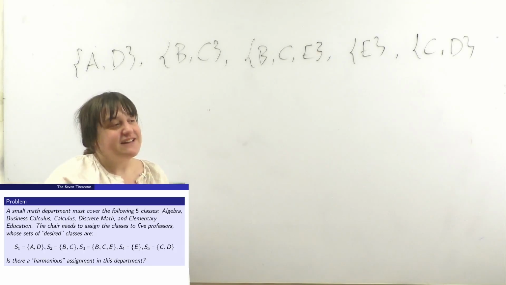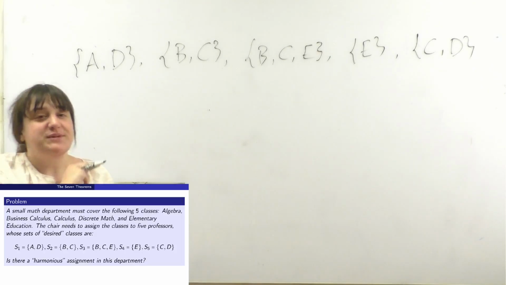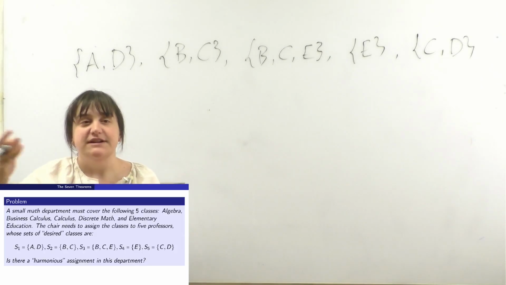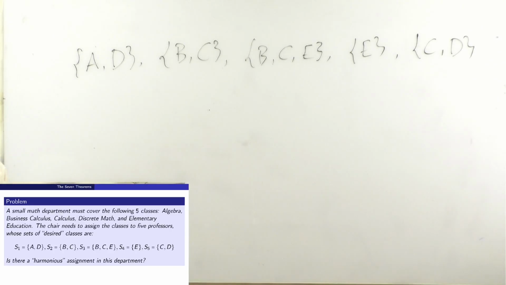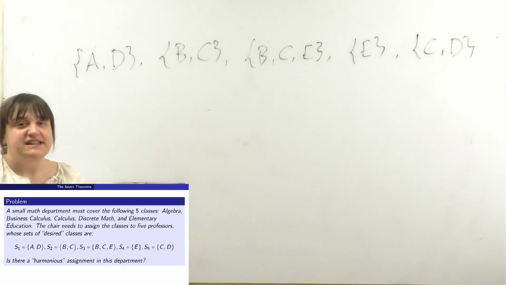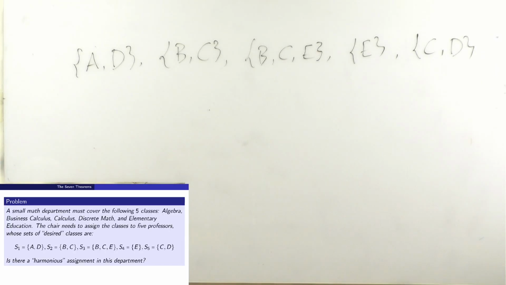So you'd like to make an assignment where everybody actually teaches a class that's in their set of classes they want to teach. So let's just look at it for a second and reason through, okay, can we actually assign these classes to these 5 professors in a way where everyone's going to be happy?